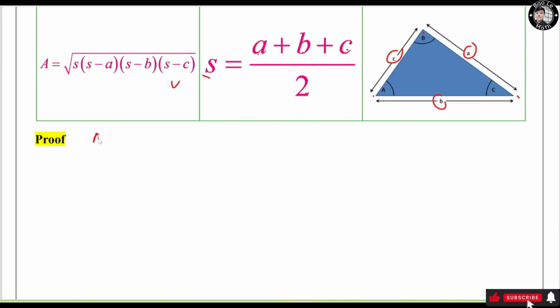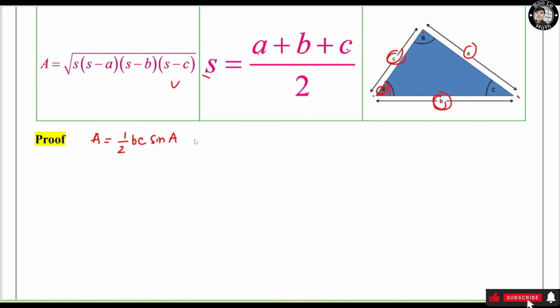Remember, the area of the triangle ABC can be calculated by using the formula 1/2 times b times c times sine of the included angle, which is sine of angle A. B is here, C is here, and angle A is here. If you want to review this concept, please check out the link in the description below.